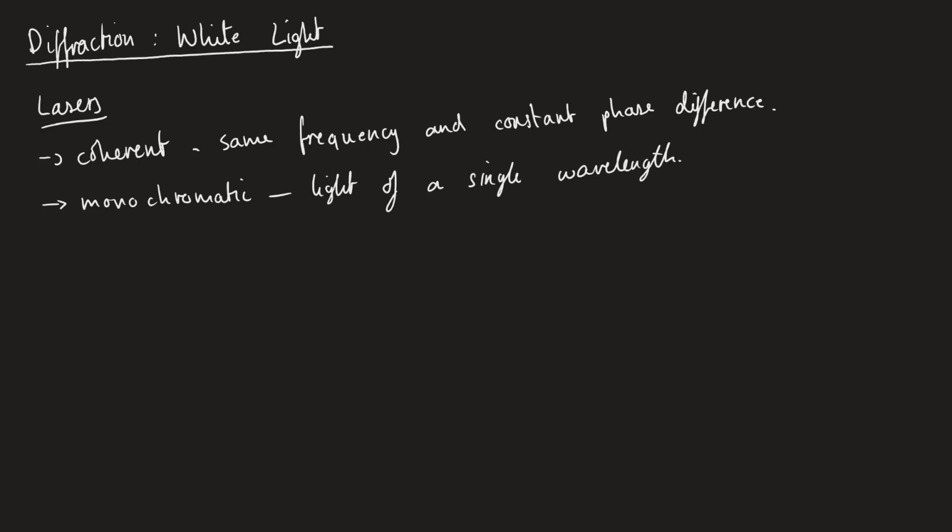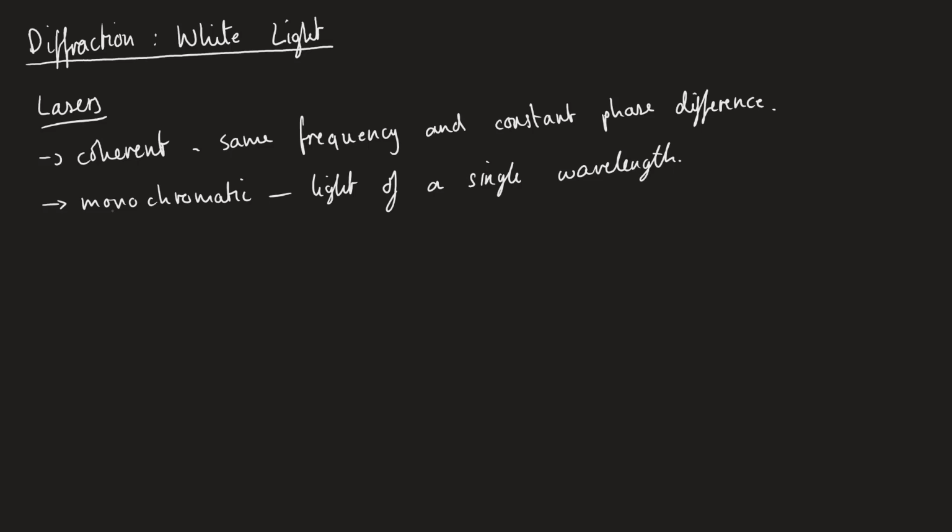It could have been green light or blue light, it doesn't really matter what color, as long as there's only one single wavelength, it's monochromatic light. You can tell from the word: mono meaning one, chromatic meaning color. So monochromatic means we've just got one color, which is one wavelength.